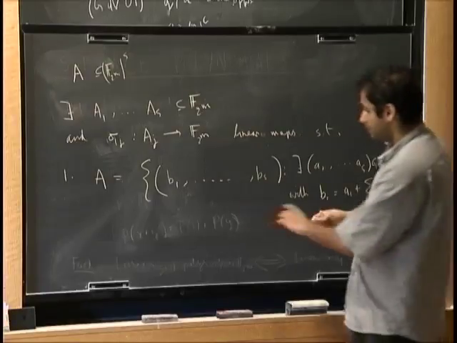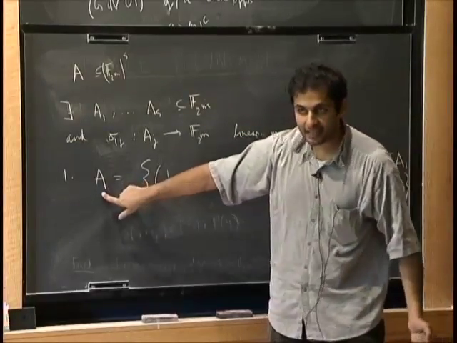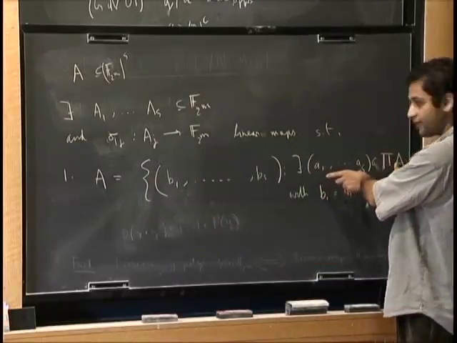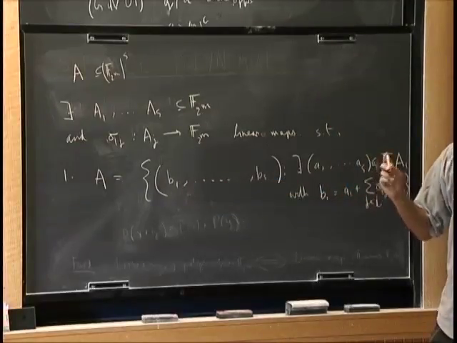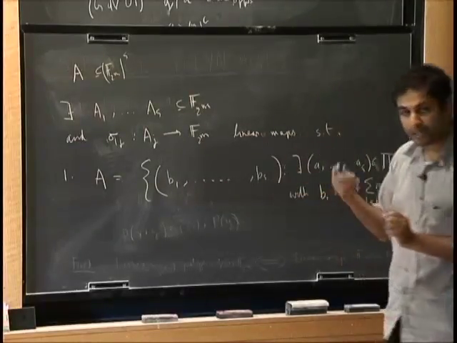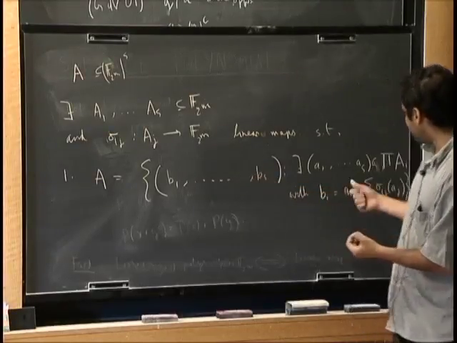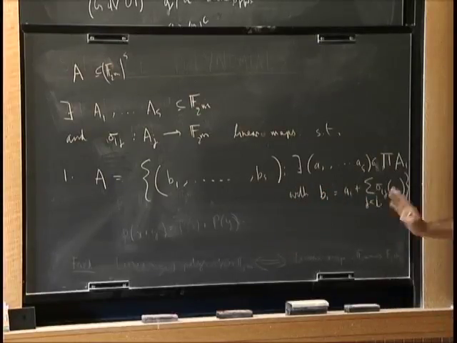So I'm going to write every element of A in the following fashion. First I pick an arbitrary A1 up to AS inside the product of the AI, then I set B1 equal to A1, B2 equal to A2 plus some linear function of A1, B3 is equal to A3 plus some linear function of A1 plus some linear function of A2, etc. So that's exactly what I wrote here.